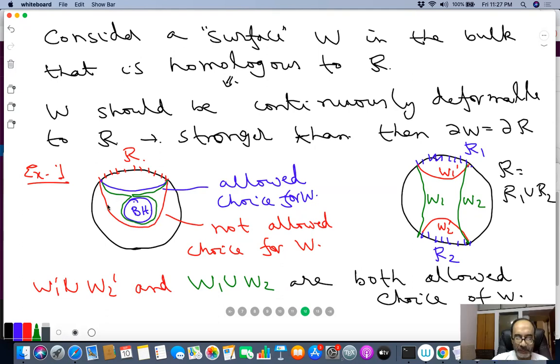So if you take the union of this and the black hole horizon in the opposite direction, then that can cancel this part, and that is deformable to R. So while this red surface is not deformable to R, the union of this and the black hole horizon can still be deformed to R.